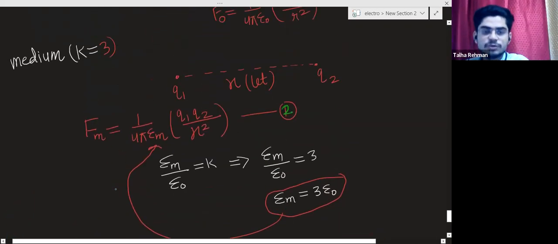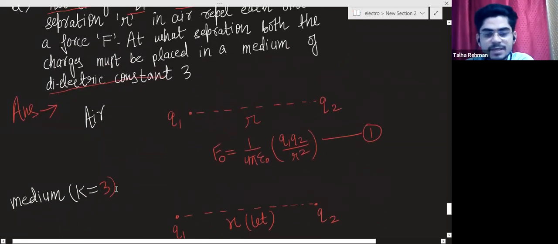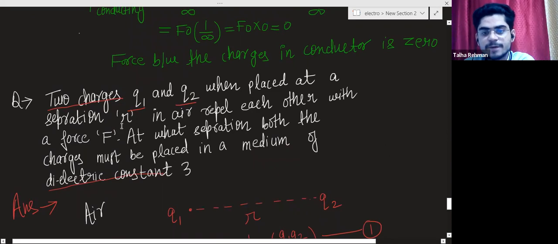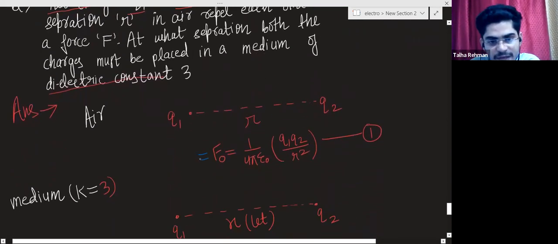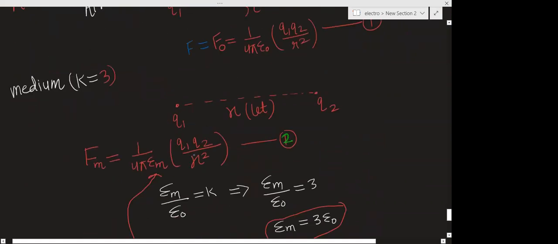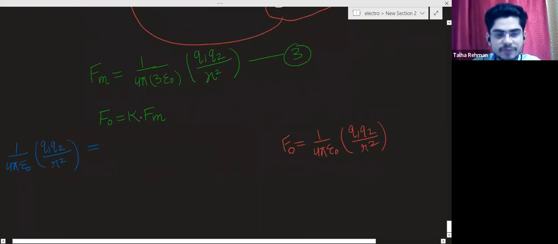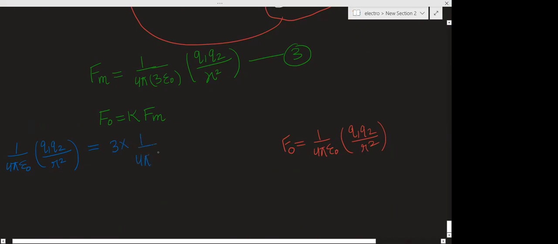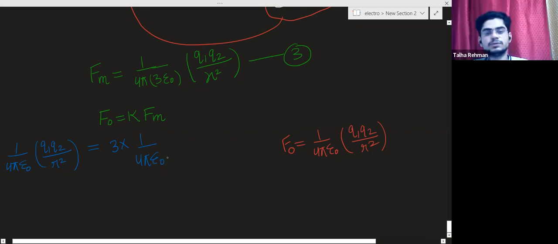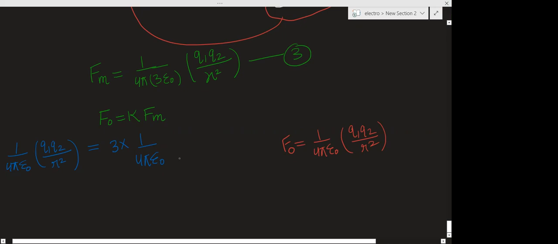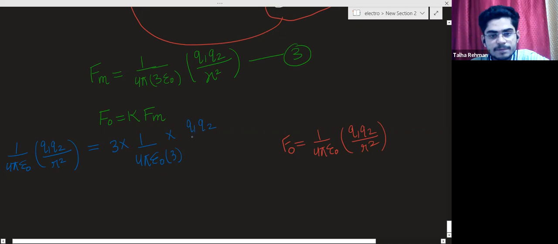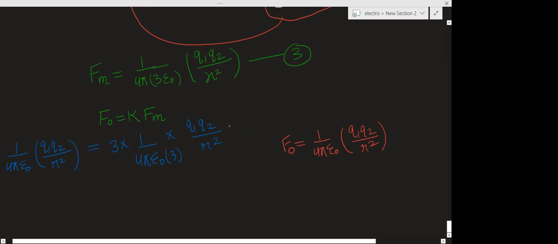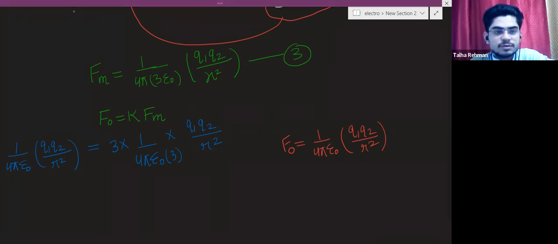One thing more we should know: this F is given here, so the value of F naught is F. And Fm is 1 upon 4 pi epsilon naught, times 3, Q1 Q2 by, not R square, this will be X square.